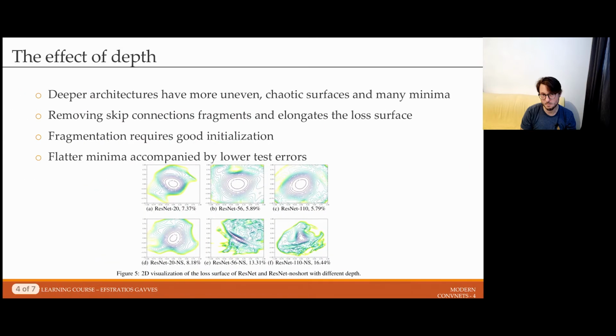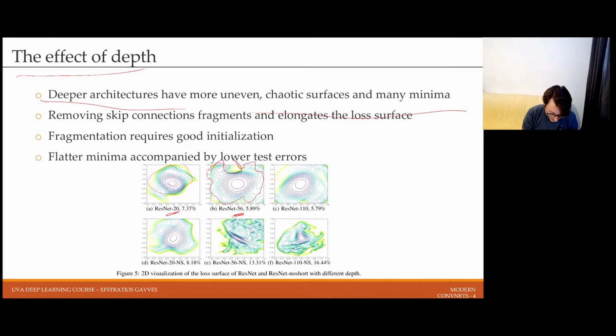So let's see now, using the same tools, what is the effect of different factors of architectures? Well, the effect of depth: it seems that deeper architectures have more uneven and chaotic surfaces with many more minima. When you have a ResNet of 20 layers, it looks like a reasonable bowl surface. When we go to 56 layers, it becomes a bit more uneven.